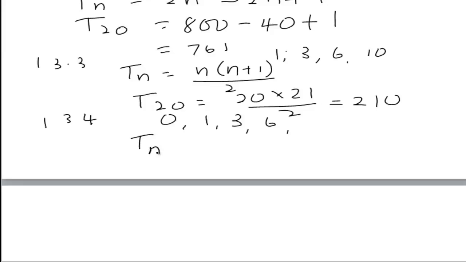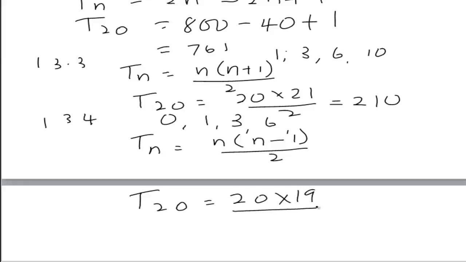Now the difference here is the formula is n into n minus 1 all over 2. So if you test when n is equal to 1, 1 minus 1 is 0, n equals 2, and it satisfies that. And then you want T20, which is 20 times 19 divided by 2, giving us 190.